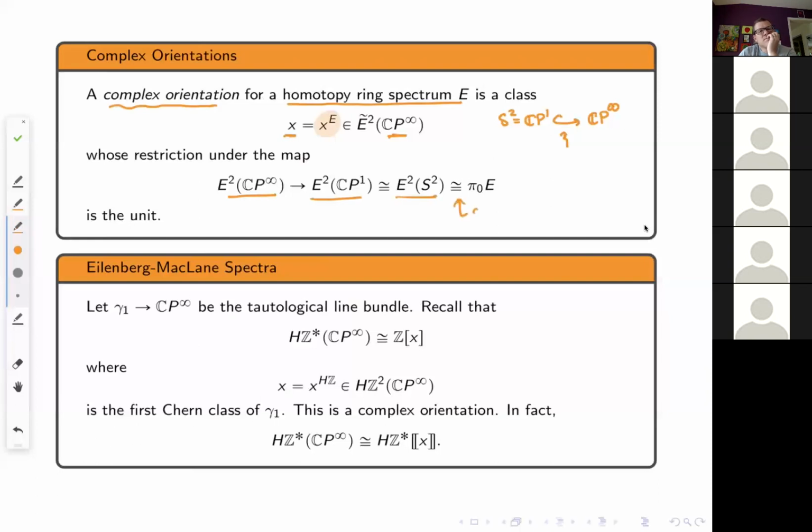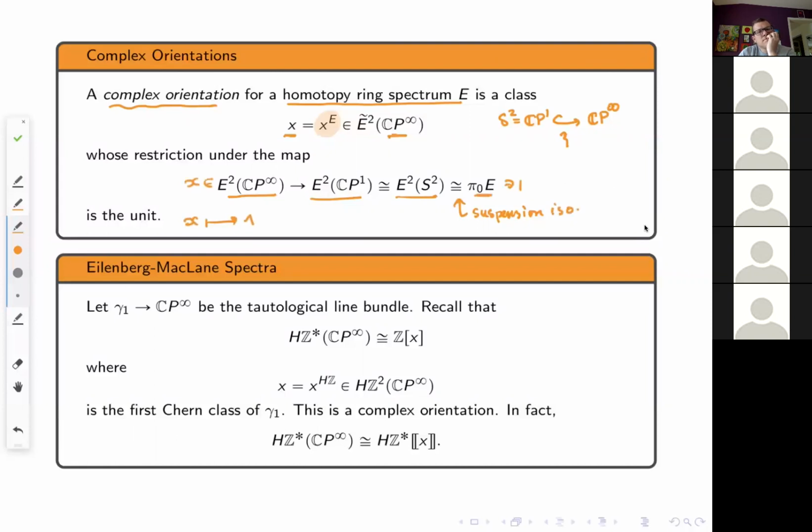And the suspension isomorphism gives that E2 of S2 is pi naught of E. Remember E is a ring spectrum, and what do we want? We want that X goes to 1, the unit, in pi naught of E. If these things are satisfied, we say that X is a complex orientation for E.